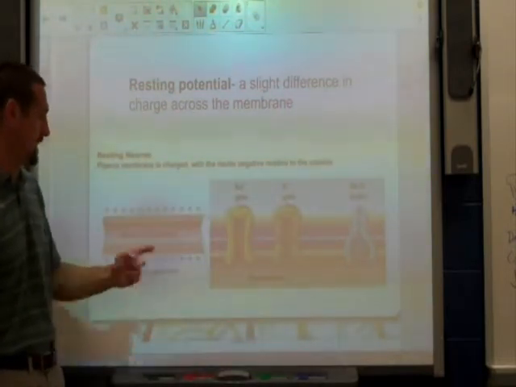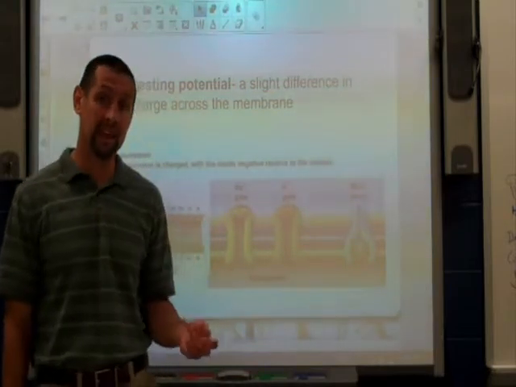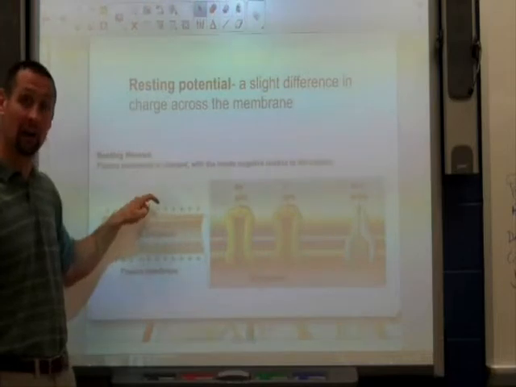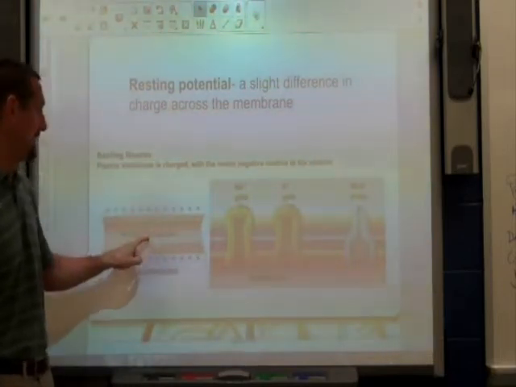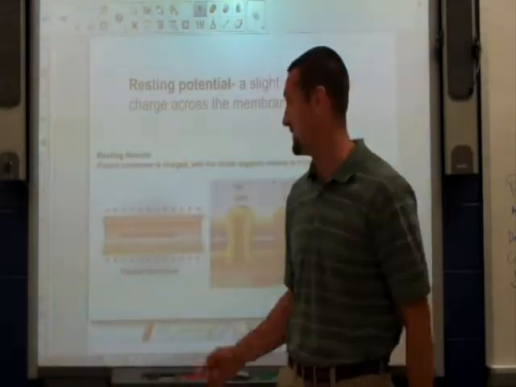On the inside of the nerve cell, there tends to be an overall negative charge. This is a result of the overall charge of ions outside of the cell, the extracellular fluid, as opposed to inside the cytoplasm of the nerve cell.